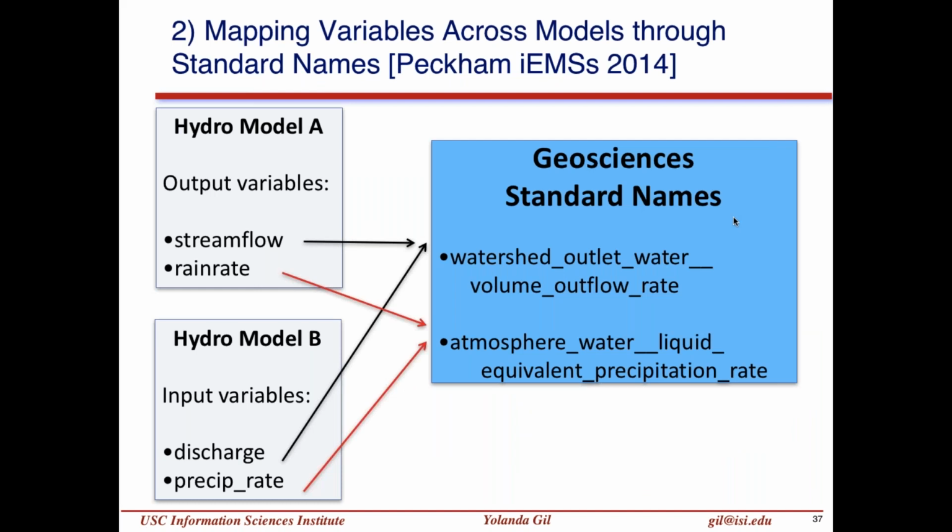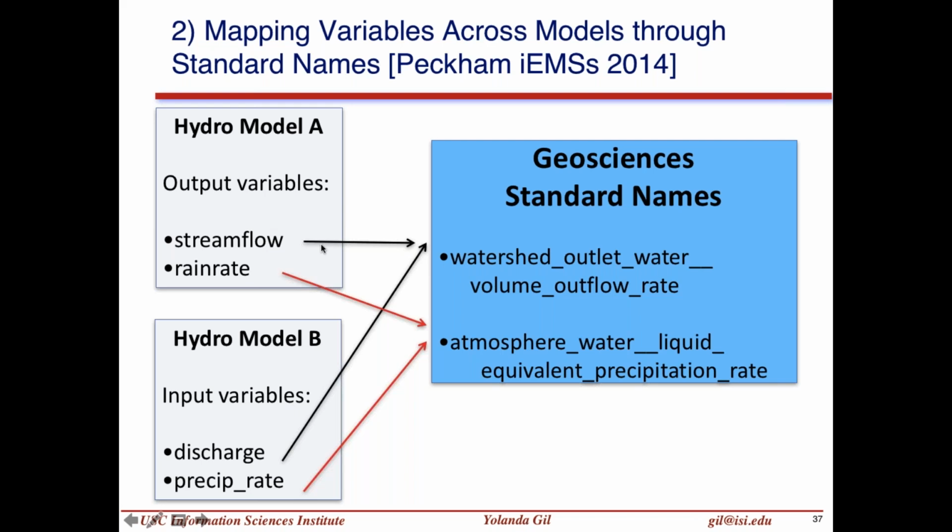The second is to be able to map variables across models. So here we're collaborating with Scott Peckham. He's been developing an ontology called the Geosciences Standard Names Ontology. Some of you are familiar with his work, but it's basically a way to map variables from different models that refer to the same quantity.